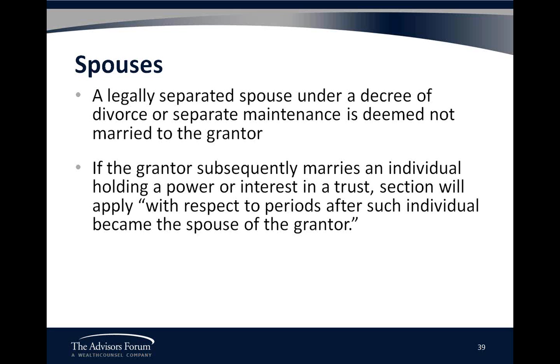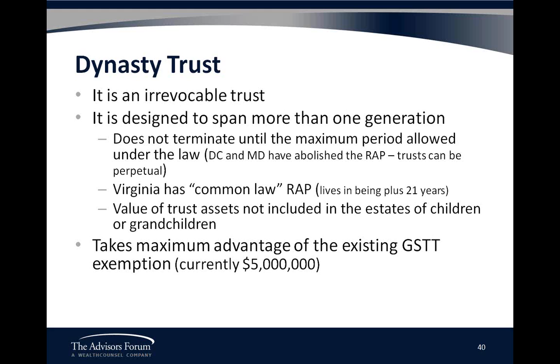Legally separated under a decree of divorce or separate maintenance is deemed not married to the grantor. Here's an interesting one: if the grantor subsequently marries an individual holding a power or interest in a trust, the section will apply with respect to periods after the individual became the spouse. I haven't seen this happen, so keep an eye out for it.